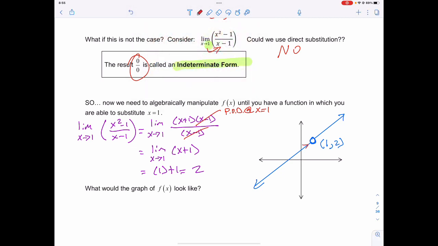As x gets closer and closer to 1 from the left or from the right, y gets closer and closer to 2.